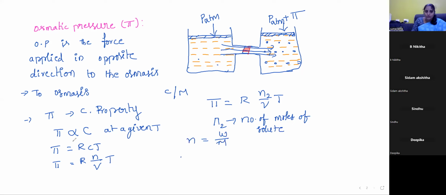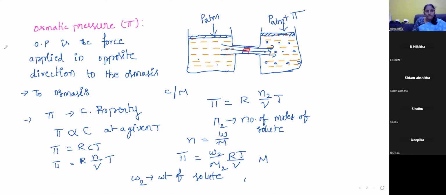So, you can substitute: pi equals W2 upon M2 into RT upon V, where V is the volume. Clear, all of you? W2 is nothing but the weight of solute.